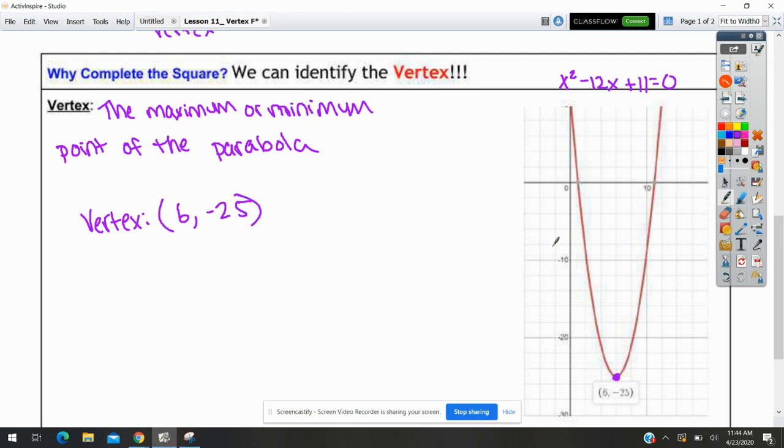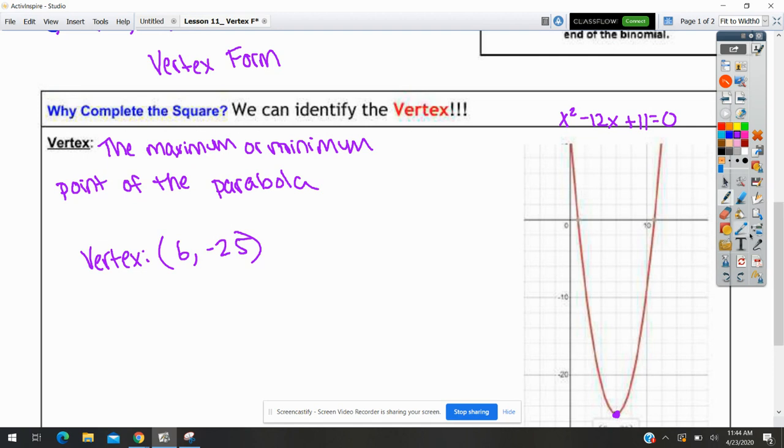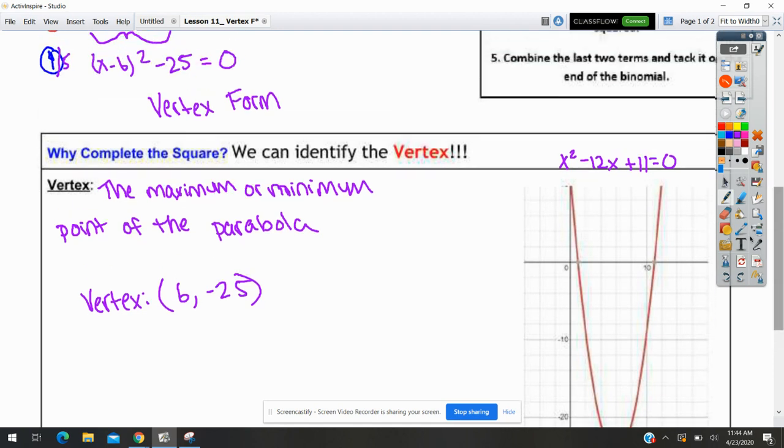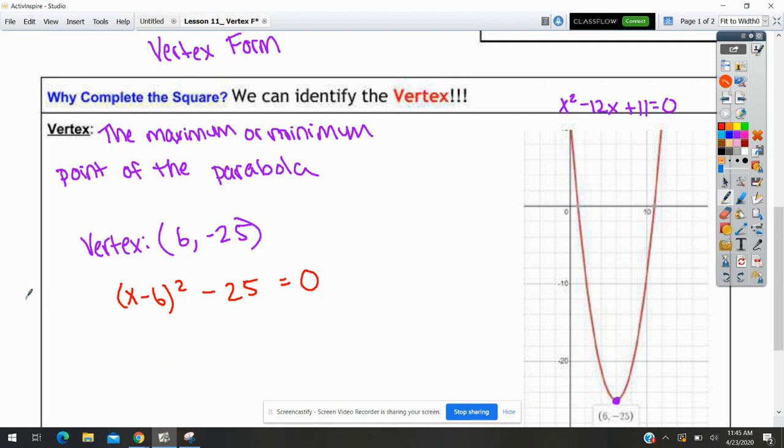Now, I'm going to scroll up and write down our factored form from when we completed the square. When we factored this by completing the square, we got x minus 6 squared minus 25 equals 0. So this is our factored form.